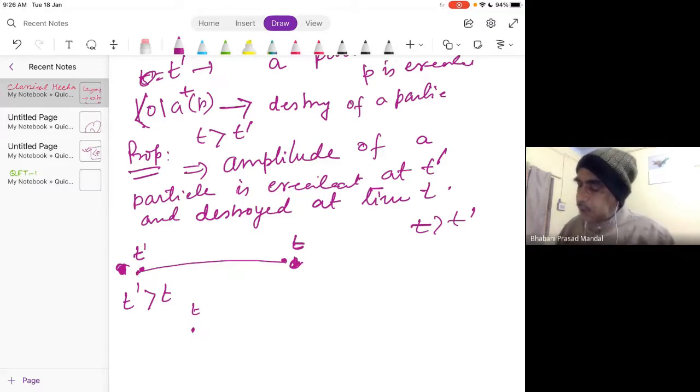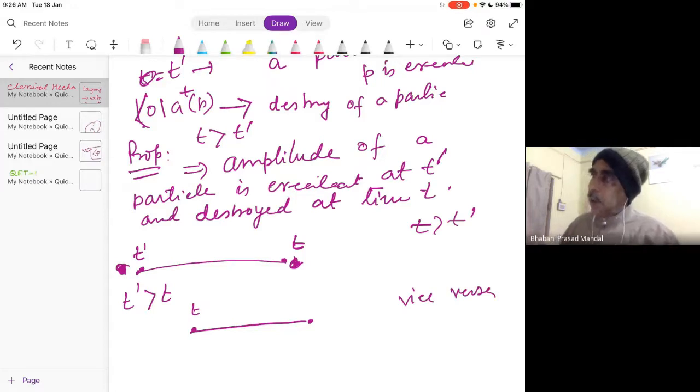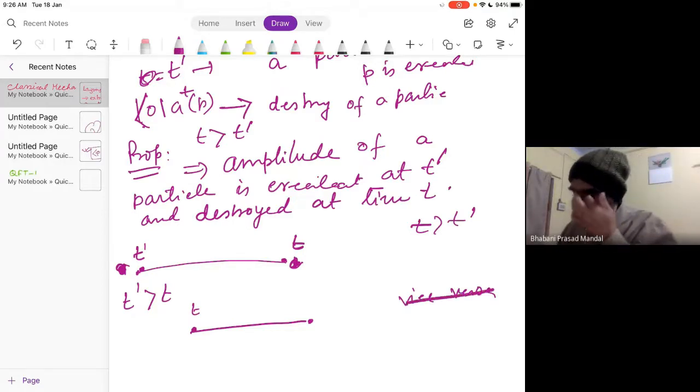Here t prime greater than t, the particle will be created at t and destroyed at t prime, and vice versa means t greater than t prime. Okay, any question on this? So we get a physical meaning of the propagator.